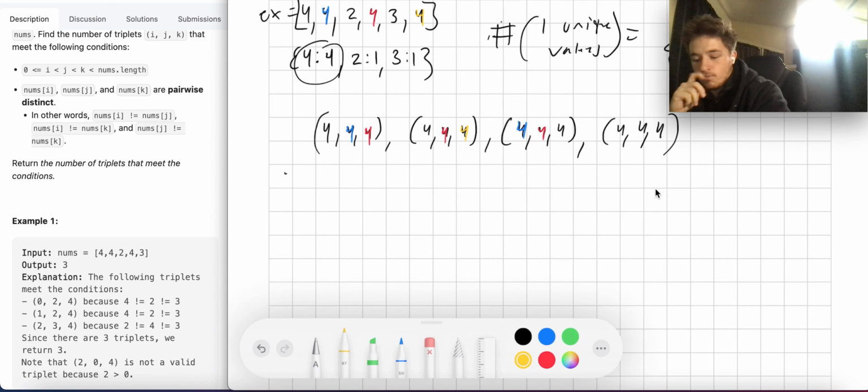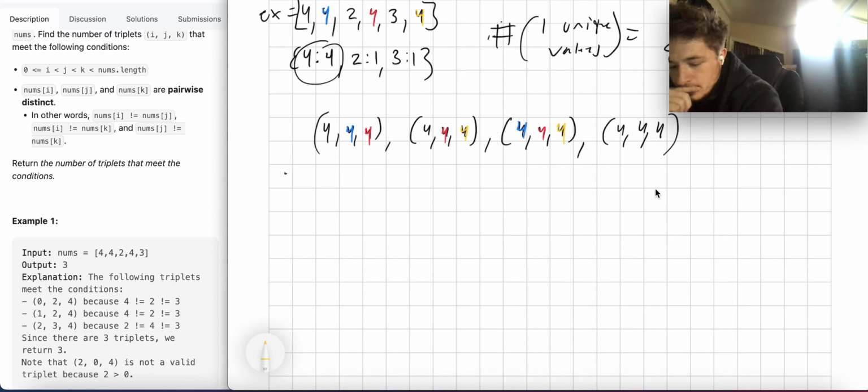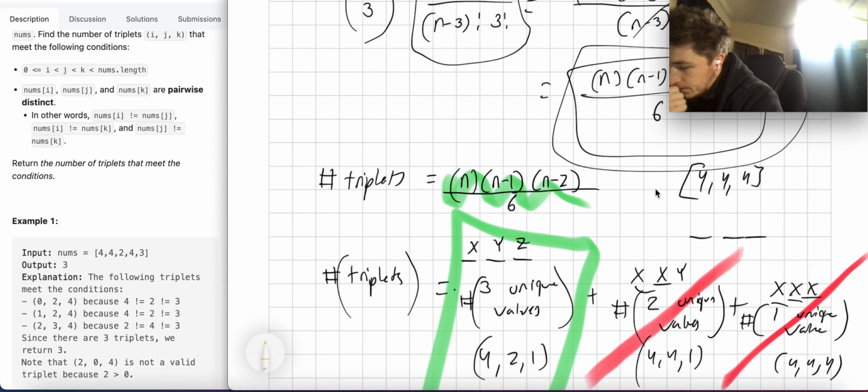Okay, which one am I forgetting still? So black, blue, and red. Black, red, and yellow. Blue, red, and yellow. Did I mess that up? So 4 times 3 is 12, times 2 is 24, divided by 6 is 4.